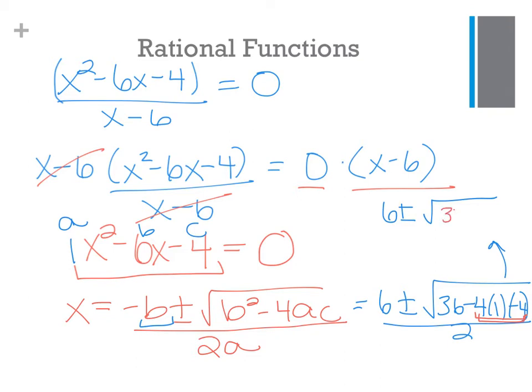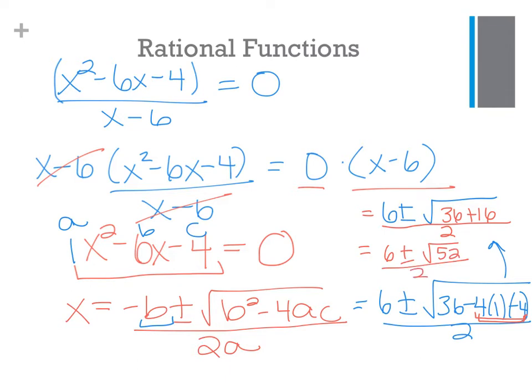So I end up with 36 plus 16 there, all divided by 2, which then gives me 6 plus or minus the square root of 52 divided by 2.